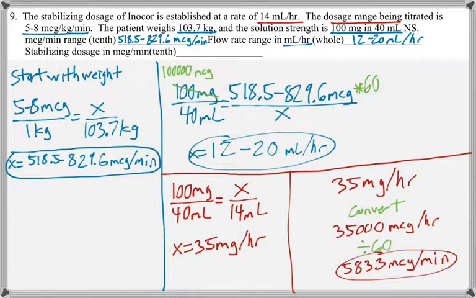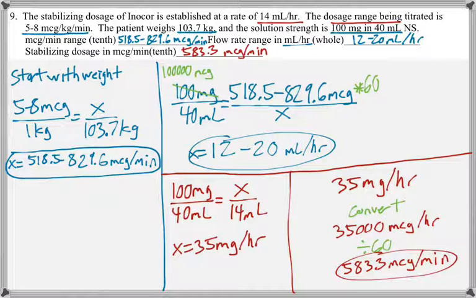And that will get us 583.3 micrograms per minute. And we know that this one is most likely correct because this lies within the 518.5 to 829.6 microgram per minute range.